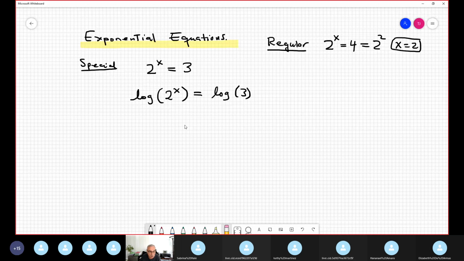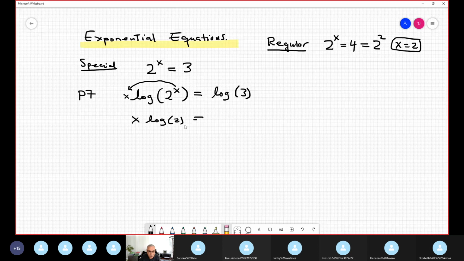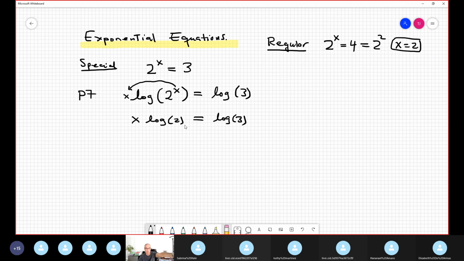Then, at this moment, pay attention, you apply property number 7, which allows this exponent to go to the front as a factor. You copy x times log of 2 equals log of 3. Property number 7 allows the exponent to fly and be put in front as a factor.